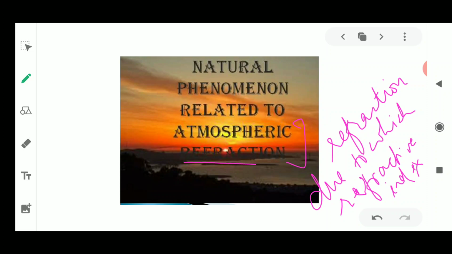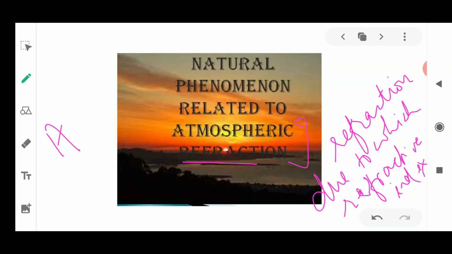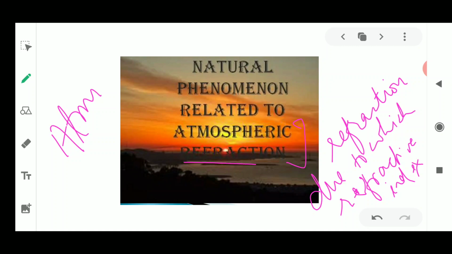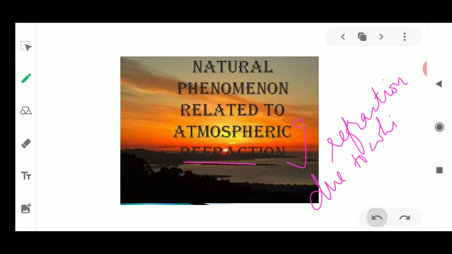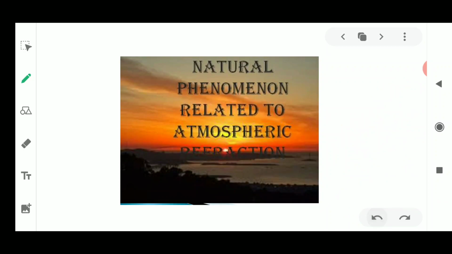Because of the change in the optical density: the atmosphere is a layer of gases, and it is full of dust particles and many other substances. Whenever we talk about the atmosphere, we say that it is full of gases, and these gases have different optical densities.